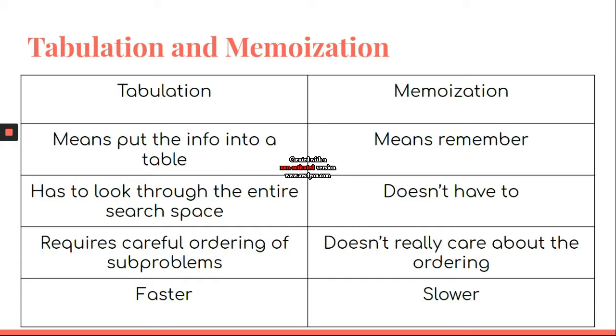Memoization is a little slower and tabulation is a little faster. But ultimately, it all comes down to the subproblems. If all the subproblems need to be solved at least once, tabulation, or a bottom-up approach, outperforms memoization, which is the top-down approach.